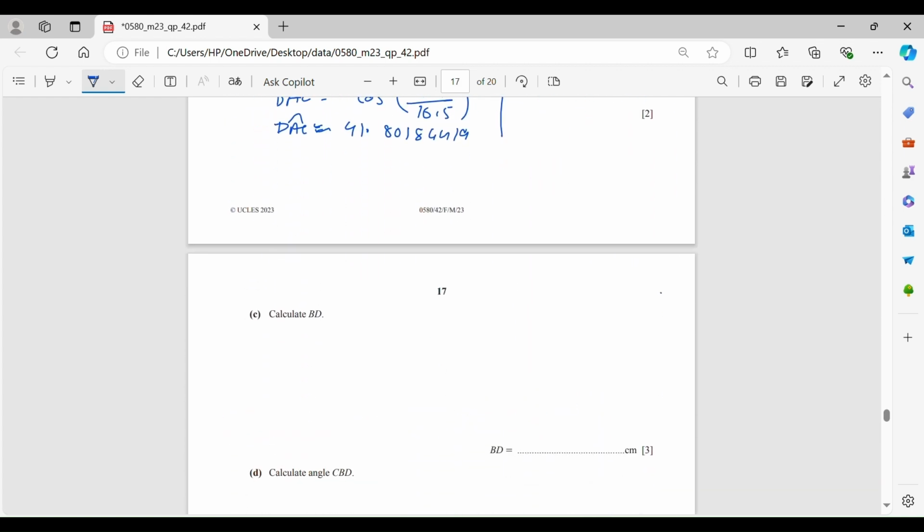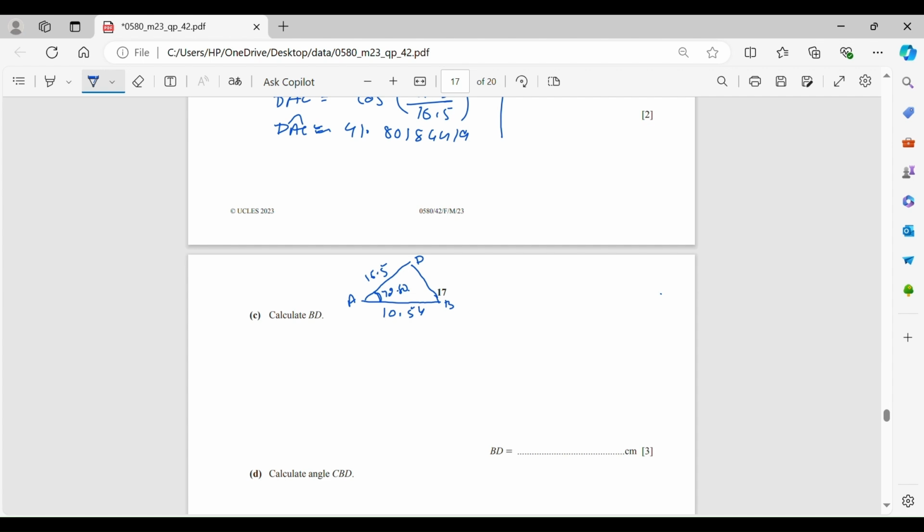Now I will make a small figure here. Let this be A, this be D, this is B, this is 72.80. Now AD is 16.5 and AB is 10.54. Now we have to find the BD, right?